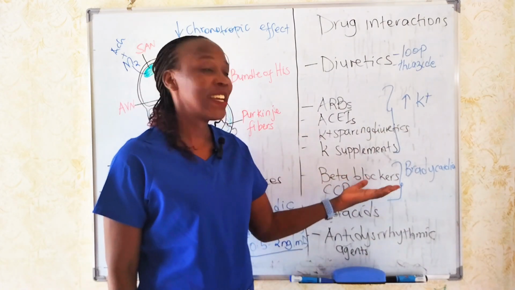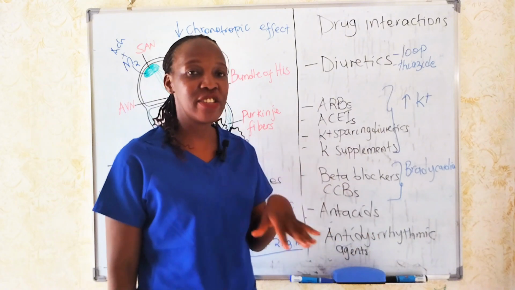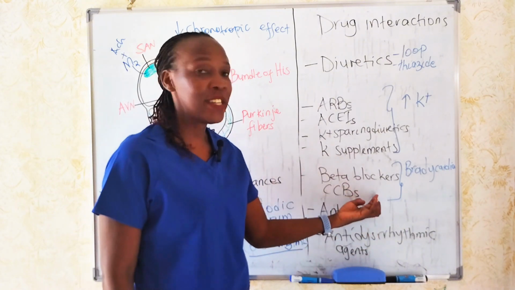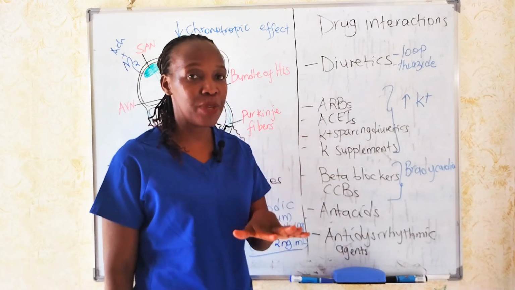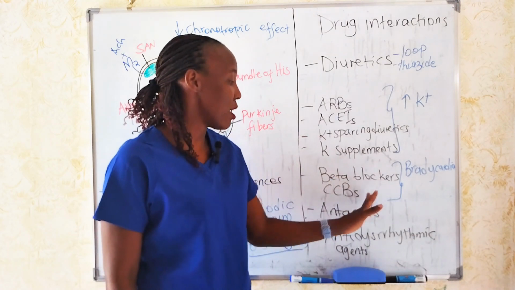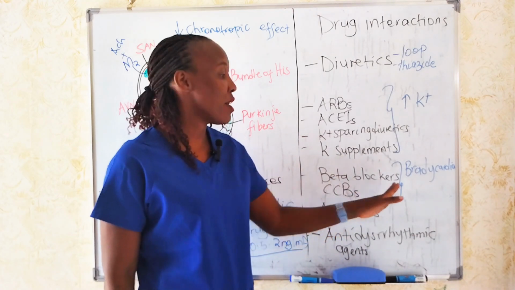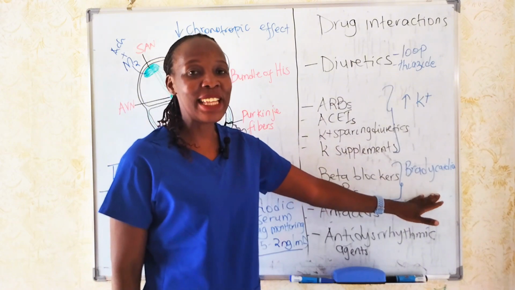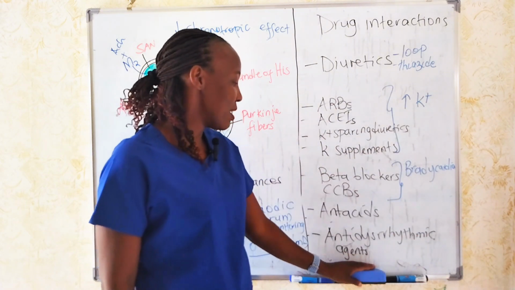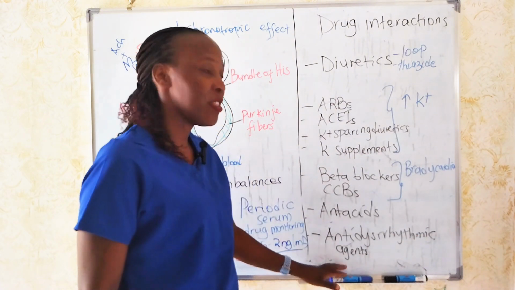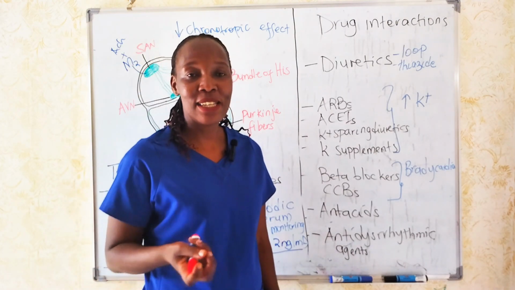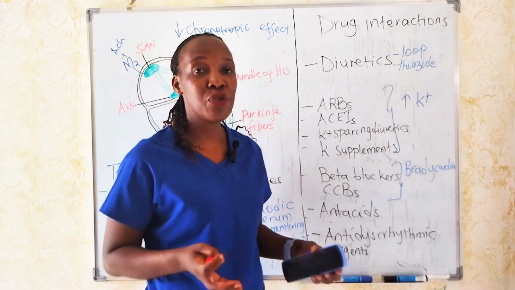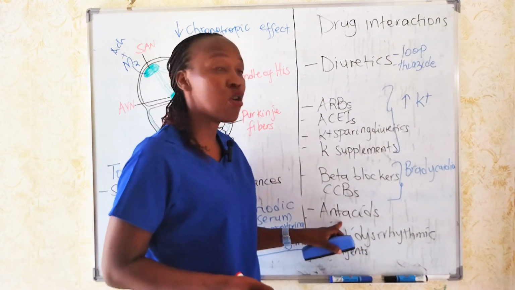Digoxin produces a negative chronotropic effect, that's decreasing the heart rate. So if we give it concurrently with other drugs that also have negative chronotropic effects, for example, the beta blockers and the calcium channel blockers, we are going to end up with an additive bradycardia. When you give digoxin together with antacids, sucralfate, and bile acid sequestrants, they are going to interfere with the absorption of digoxin.